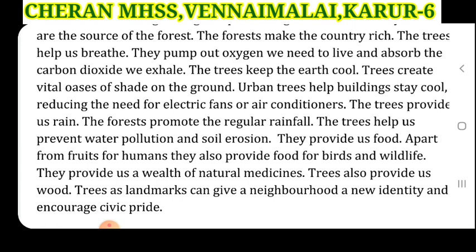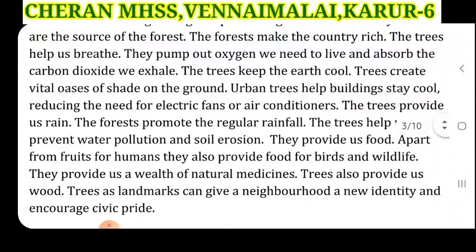Trees create vital oases of shade on the ground. Urban trees help buildings stay cool, reducing the need for electric fans or air conditioners. The trees provide us rain. The forests promote the regular rainfall. The trees help us prevent water pollution and soil erosion.